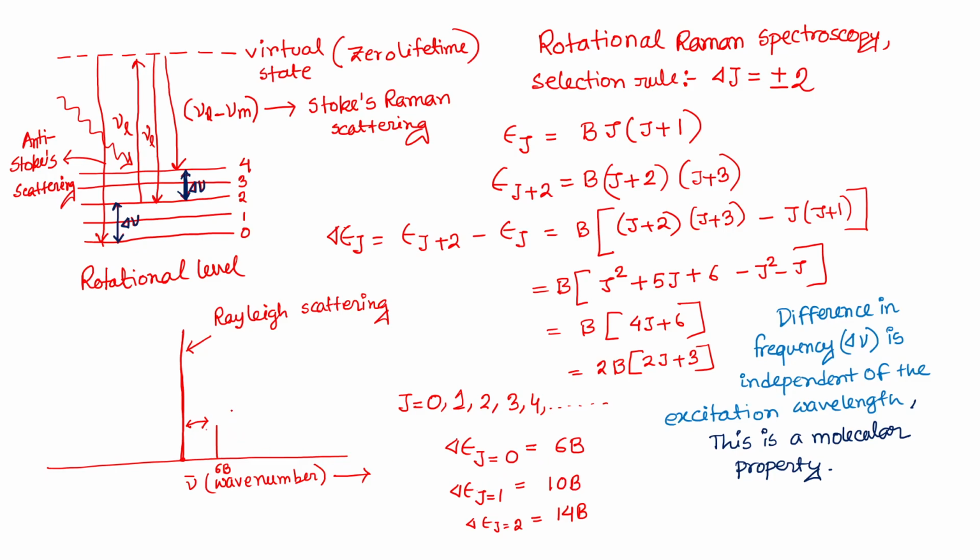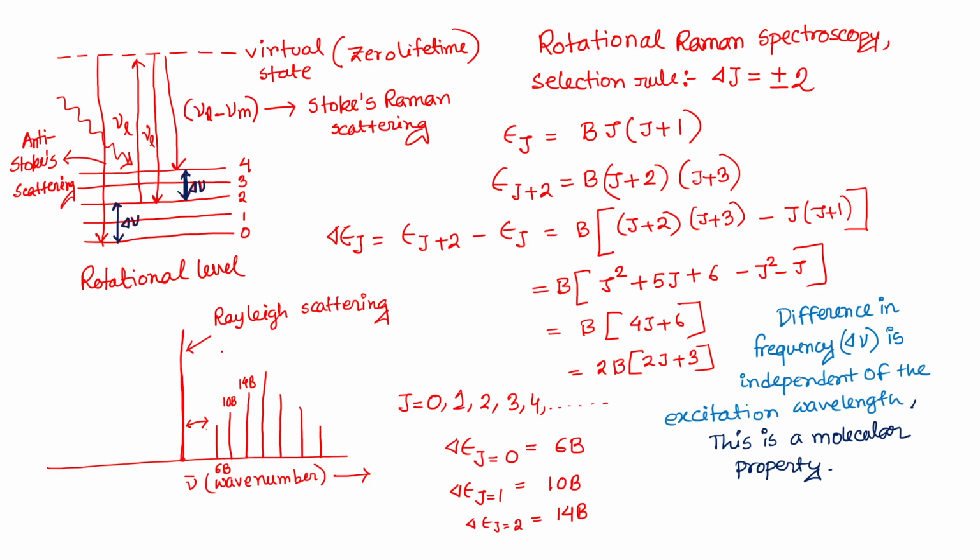So the next spectra, as we know for rotational energy levels there will be a maxima and then it will decrease. So the next spectra will come at 10B, next at 14B.